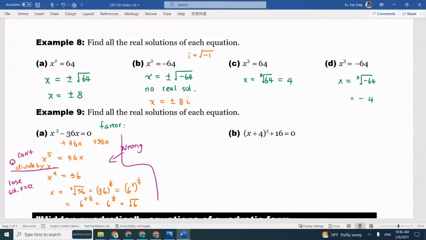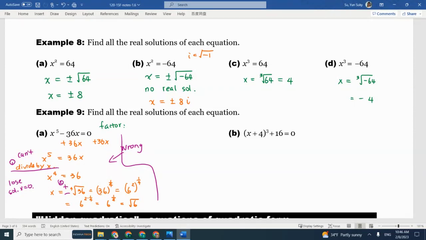What do you do when you take 4th roots? You get plus or minus, right? Everybody? You actually get plus or minus. So the second mistake is when you take the 4th roots, you actually need to get plus or minus.